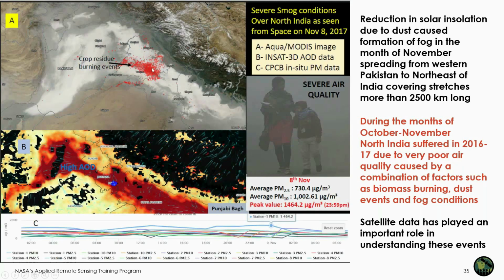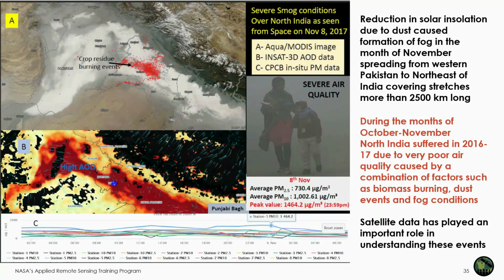Such a massive phenomenon basically led to this type of air quality scenario, where you can see a child going to school but barely able to breathe, and the average PM10 value measured by the ground stations was crossing 1,000 micrograms per meter cube, which is high, and the peak value was around 1,464 micrograms per meter cube.